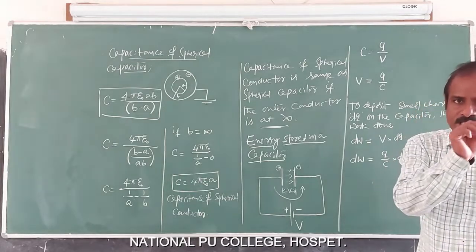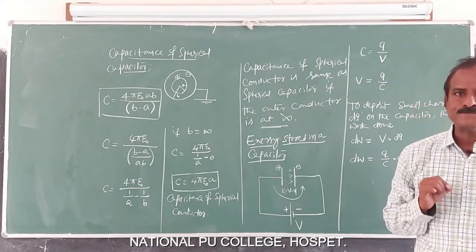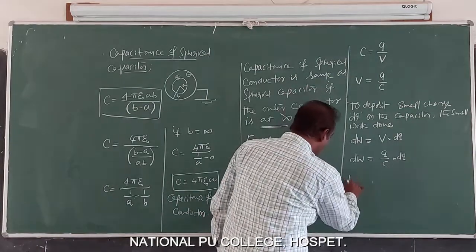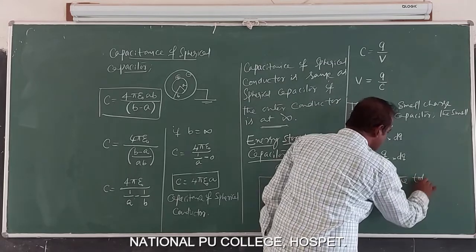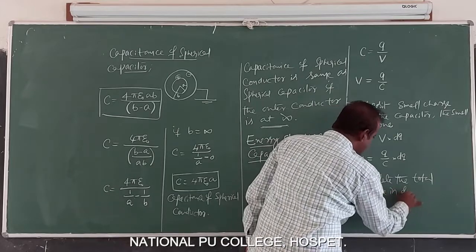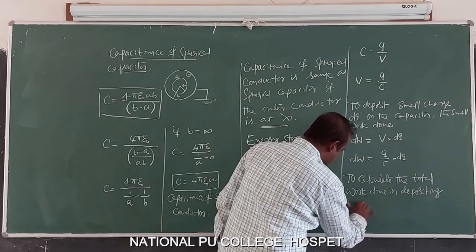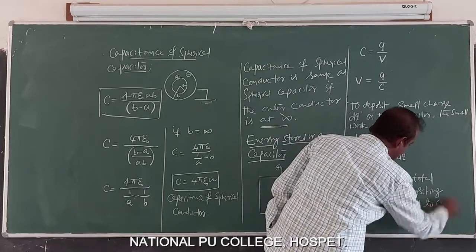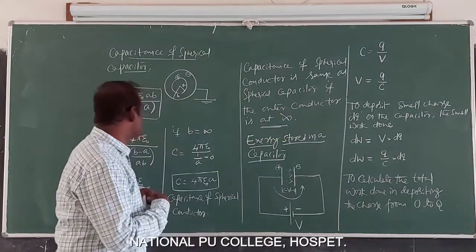From the level when there is no charge, 0, to the level when there is the maximum charge stored, so 0 to Q. Now I write, to calculate the total work done in depositing the charge from 0 to Q, what should be done? Integrate the above equation.